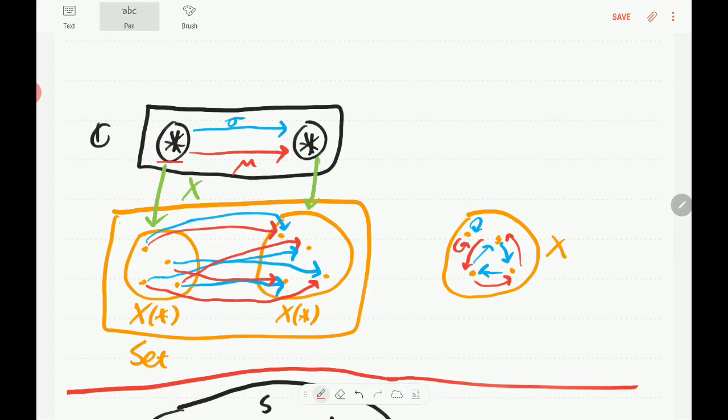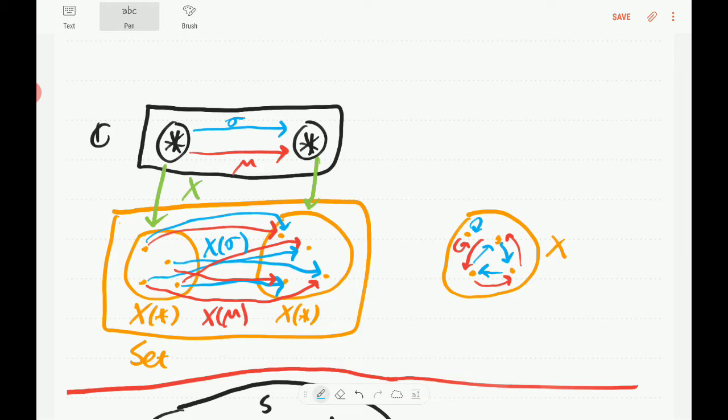Well, this object star would be associated with some set, X of star, and this arrow mu would get sent to a function X of mu, and this arrow sigma would get sent to a function X of sigma. And then these two functions would be inverses to one another.